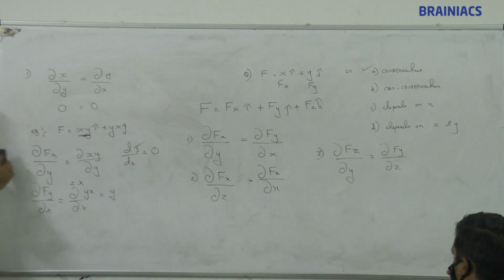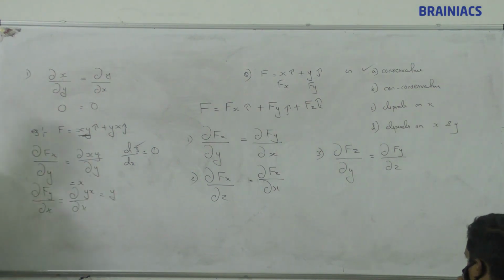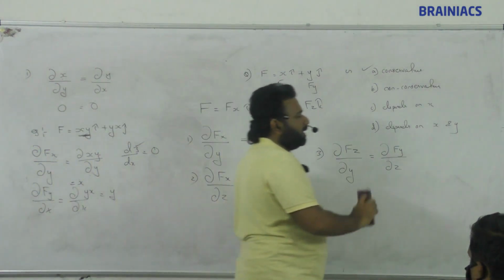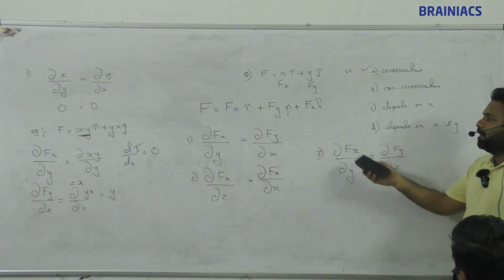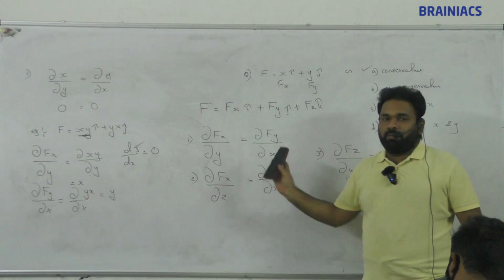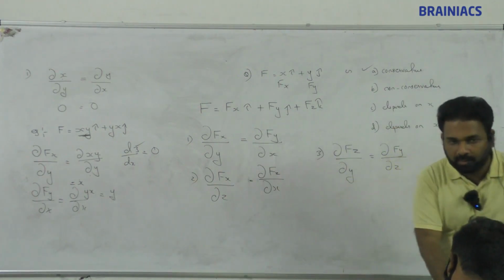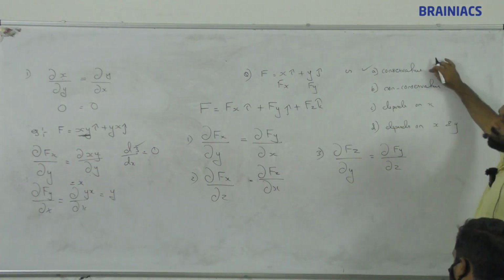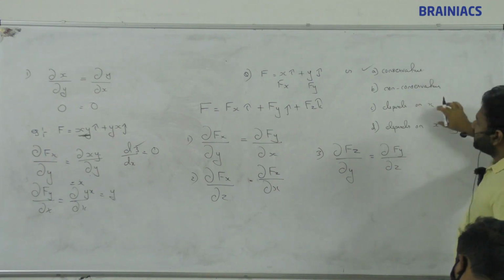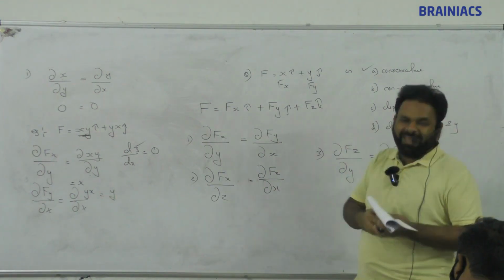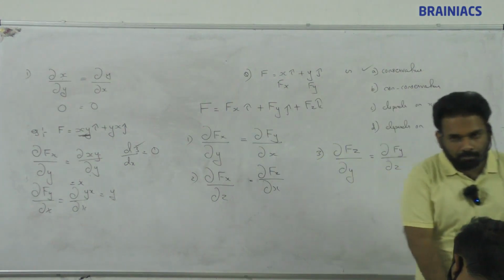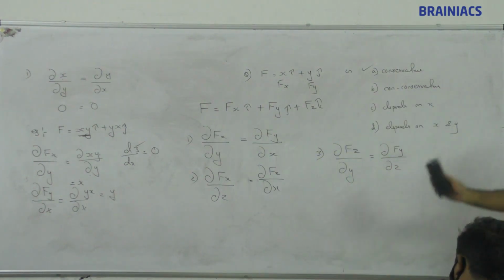Fine. It is just what we need to do. After checking this condition, if this condition is fine, we can directly mark this as conservative force. All these options are just for making options. Okay, clear? Done?